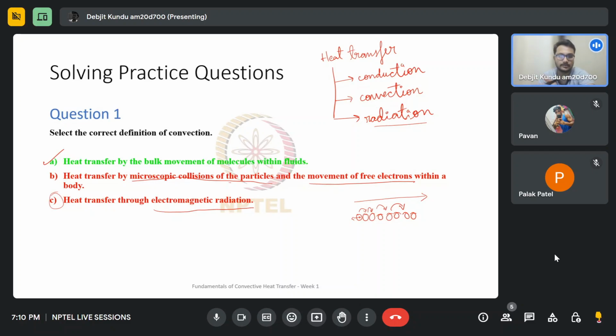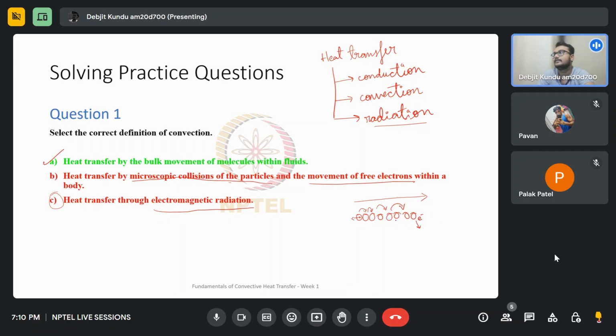So the direction is also defined. It occurs from a higher temperature towards a lower temperature. And another mode in which conduction occurs is through the movement of free electrons. So let's say there is an electron associated with this particular molecule. In a solid, many such electrons are knocked out of the molecule or atom, and those electrons are free to move around within that solid.